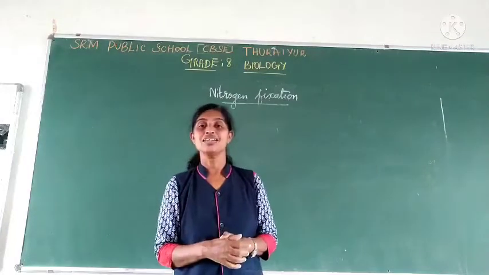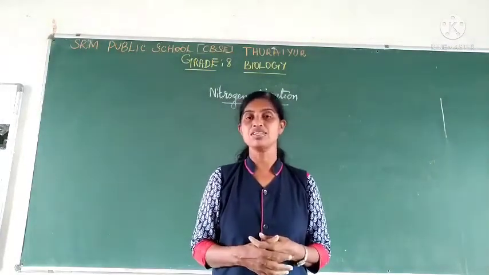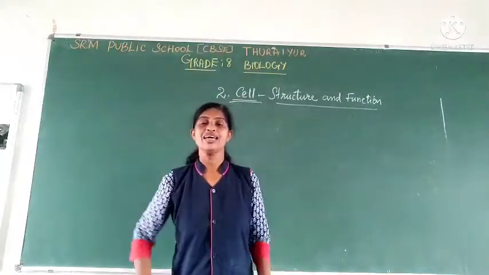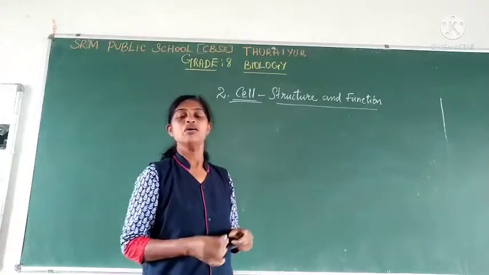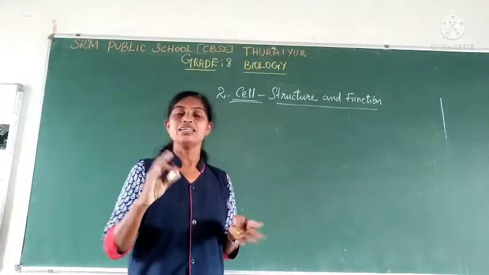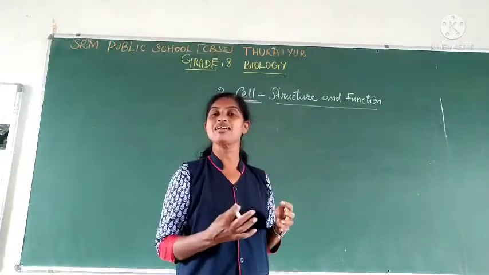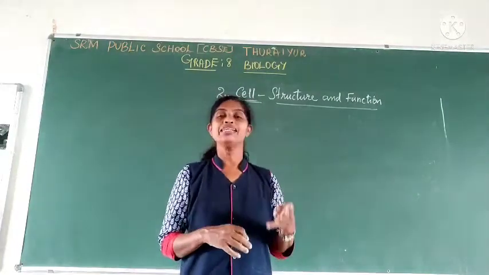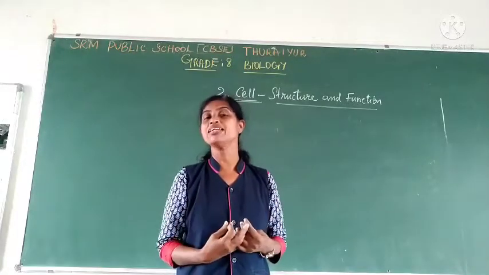Next is the cell. We are going to see the next topic as the cell. Now we are going to see the cell structure and function, children. First, let me see the discovery of a cell. How was a cell discovered? By Robert Hooke in the year 1665 from cork, a plant material.